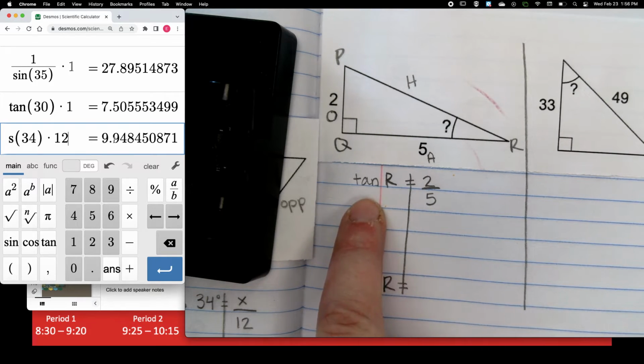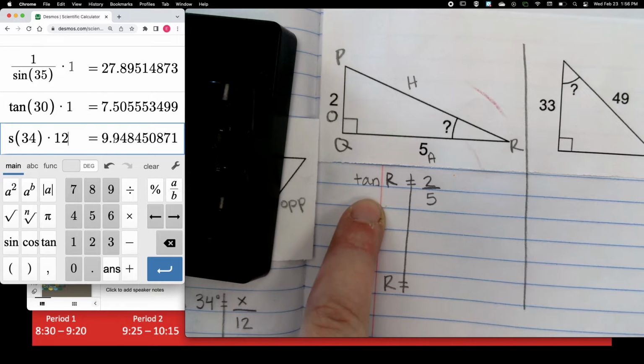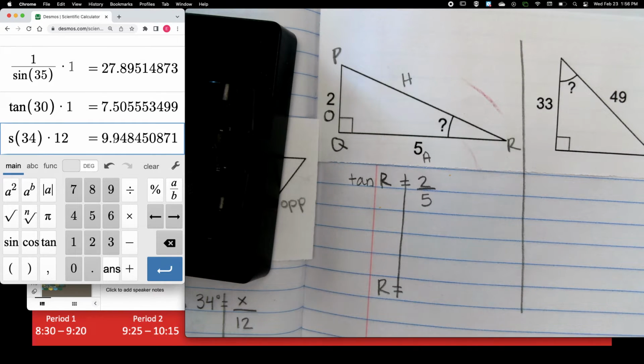The tangent. We have to undo a tangent. And we talked about that. What do we call those operations that undo things? Inverses. Good. In the math world, we're not creative. We do the tangent inverse. To get rid of a tangent, you do tangent inverse. You undo the tangent. Mind-blowing, I know.